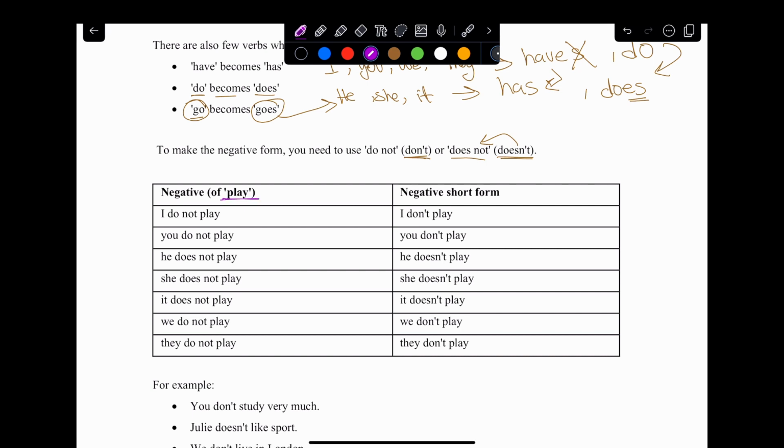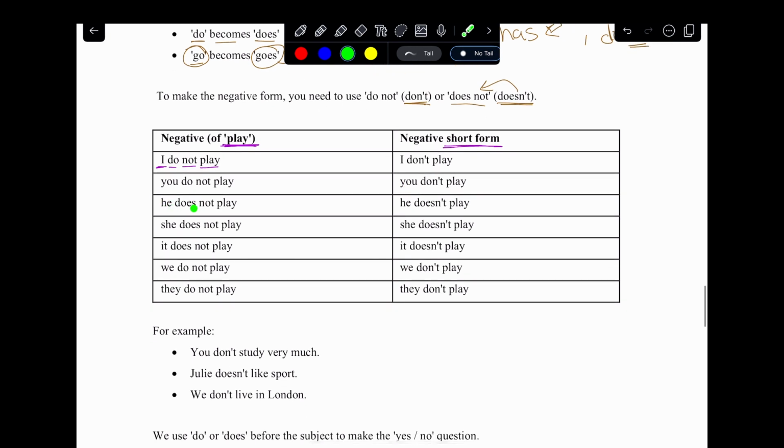So play، إذا كنا نستخدم verb play اللعب أو يلعب، إذا كانت subject I سوف نضيف do not play. I don't play. You do not play. You don't play. He does not play.